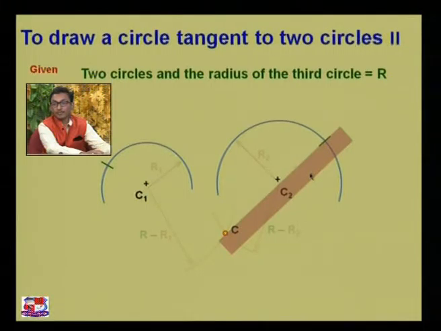Now we will draw an arc using center C and the radius up to these points. If you measure these distances, both will be equal to each other, as we subtracted in the same way.